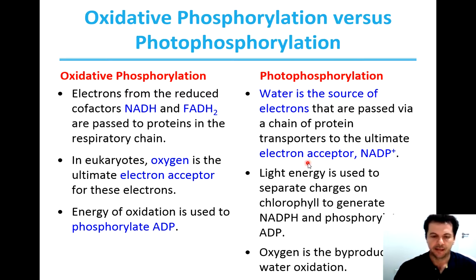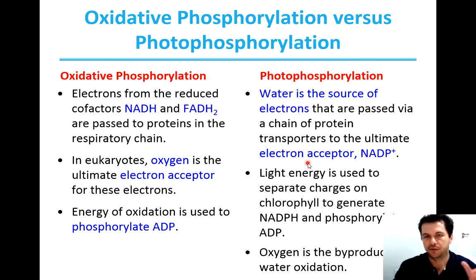The proteins that compose the electron transport chain are different between chloroplast and mitochondria, but they are doing more or less the same. They are carrying electrons from one protein to the other, and also pumping protons to one side of the membrane. And the ATP is synthesized in a very similar way.